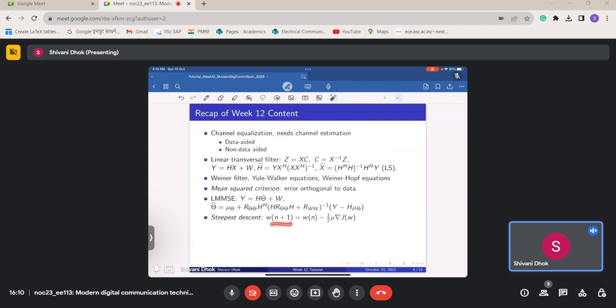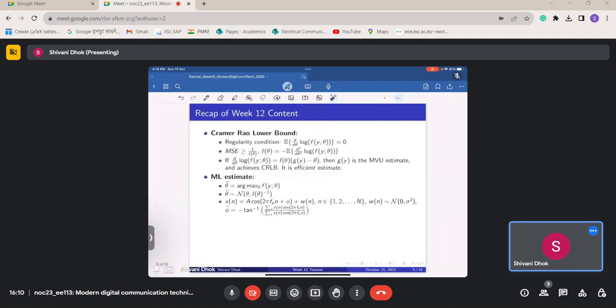Then w n plus 1, that is the next update, will be based on your current update minus half mu gradient of J, where J is the function that you are minimizing, and mu is some scaling factor which you can tune. It can also be called a learning parameter or a step size, so that you can increase and decrease it based on the need of your function. You may also find the optimal value of this mu, which may be based on your gradients and other stuff.